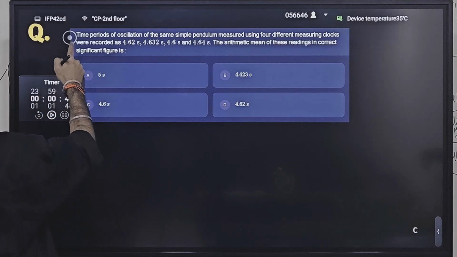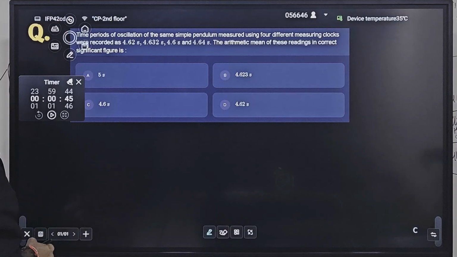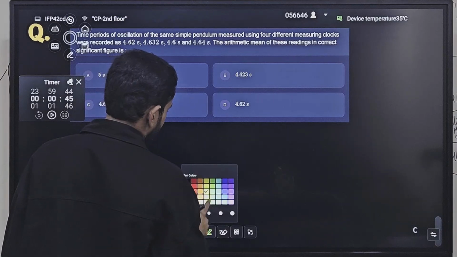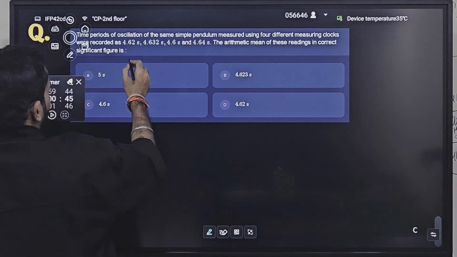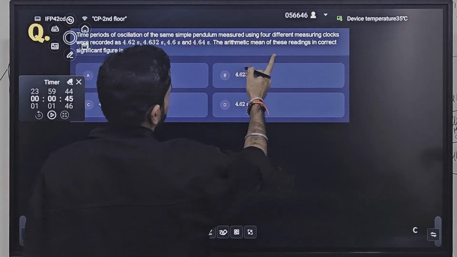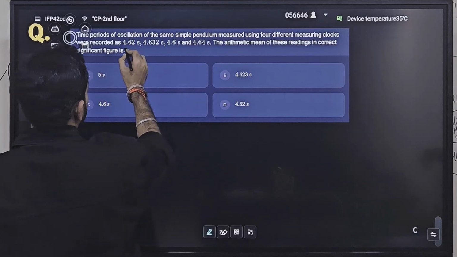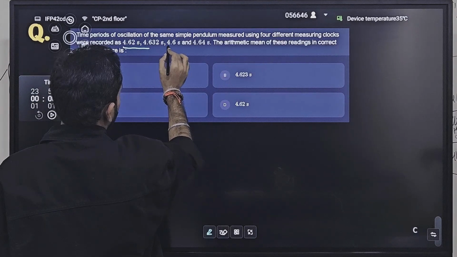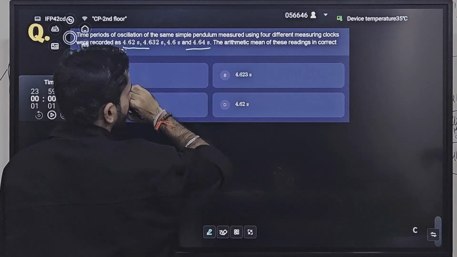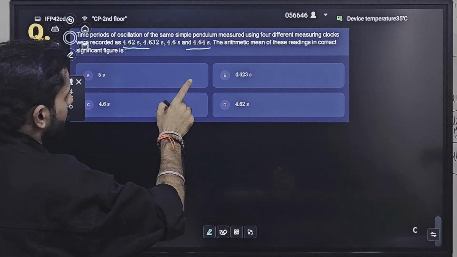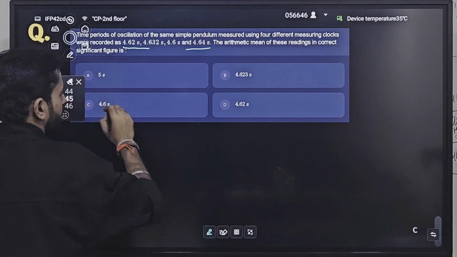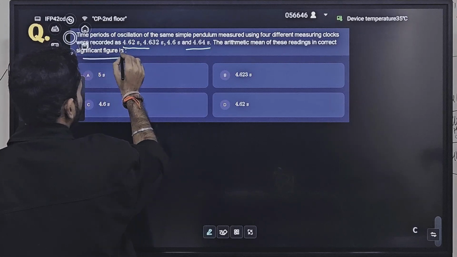Very good. Now solve the question. The time period of oscillations of a simple pendulum measured by 4 different clocks is recorded as 4.62, 4.632, 4.6 and 4.64. What is the arithmetic mean of these readings in correct significant figures?